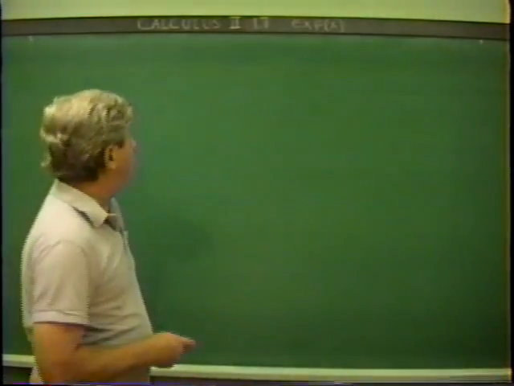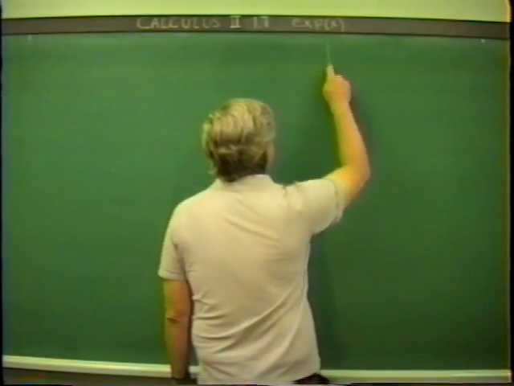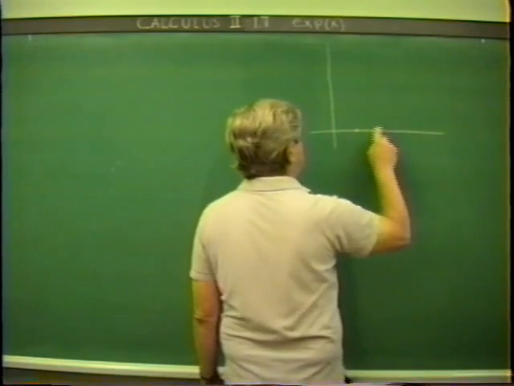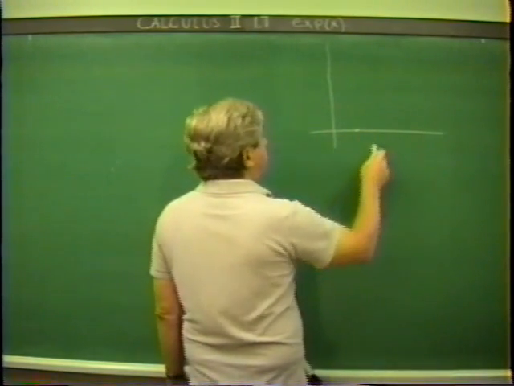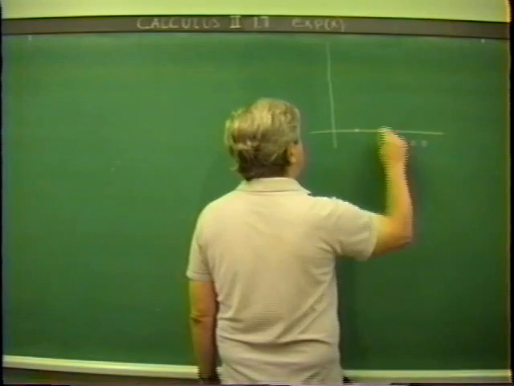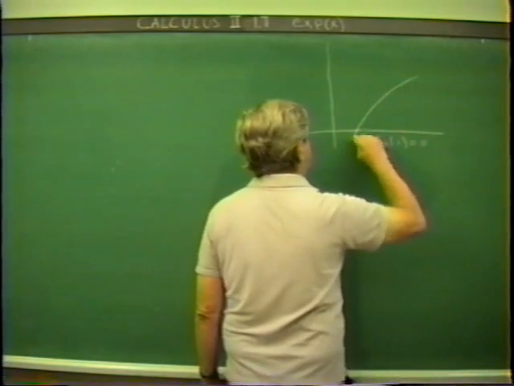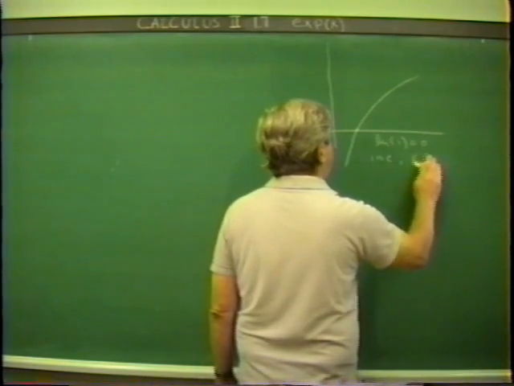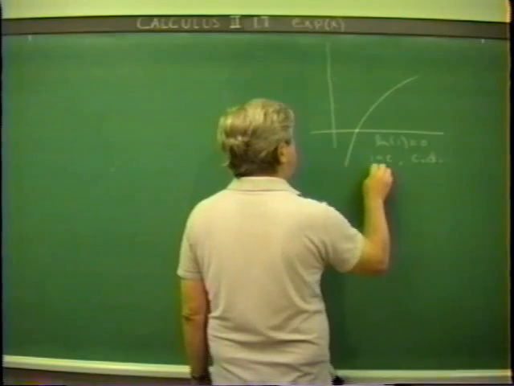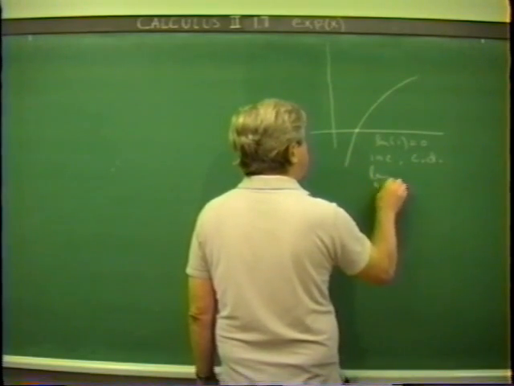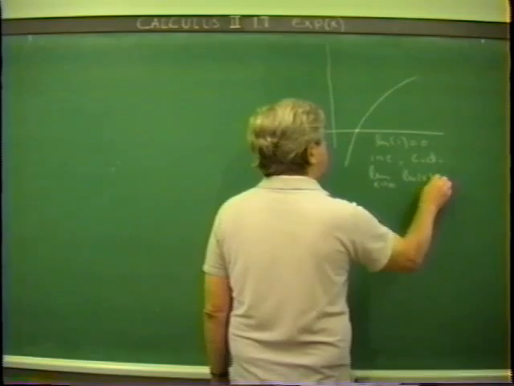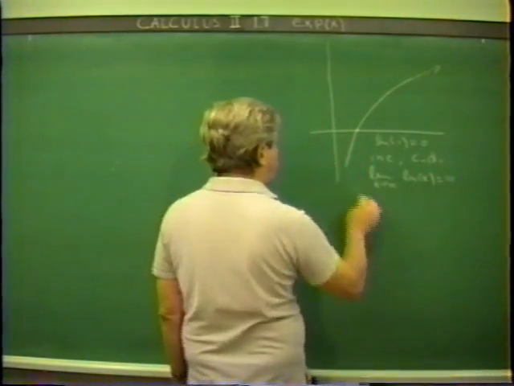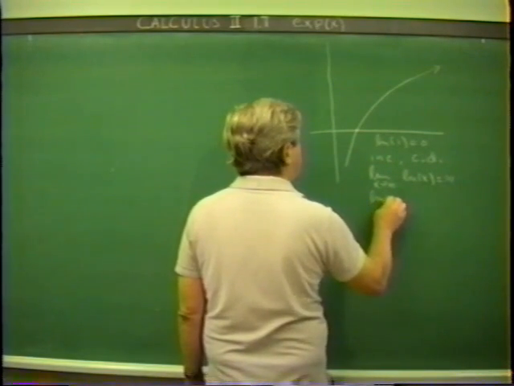All right, in a minute here we're going to want to look at the inverse of the natural logarithm function. To do that, we need one more property. We have already that the natural logarithm of 1 is 0, that the function is increasing and concave down, and the limit as x approaches infinity of ln of x is infinity, so that this becomes as large as you want.